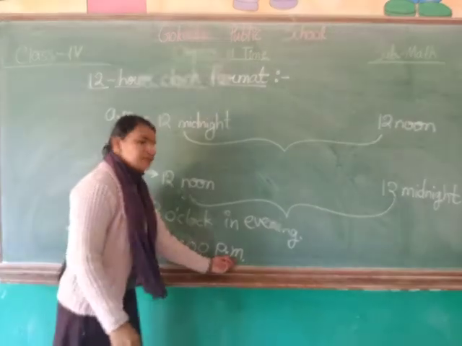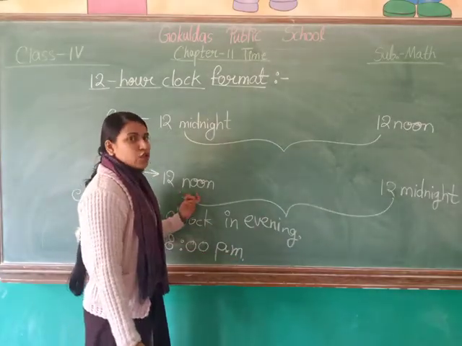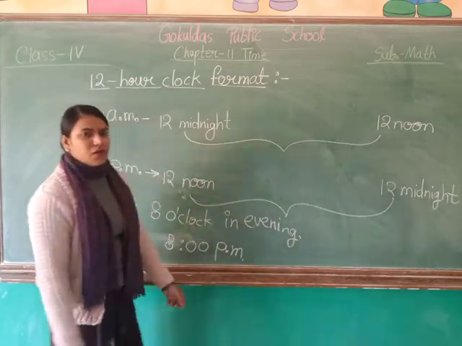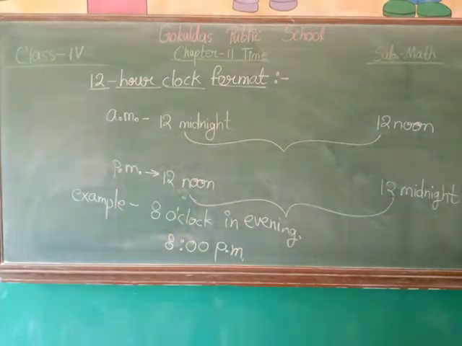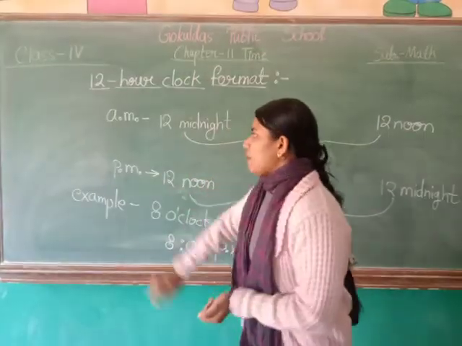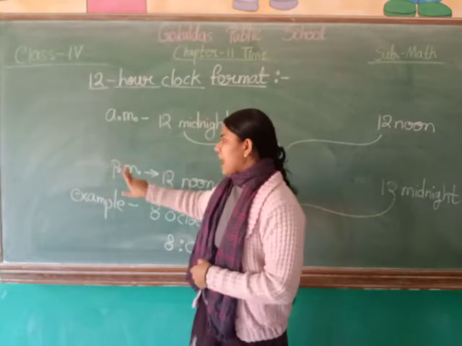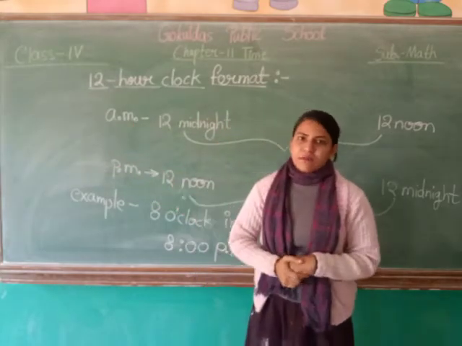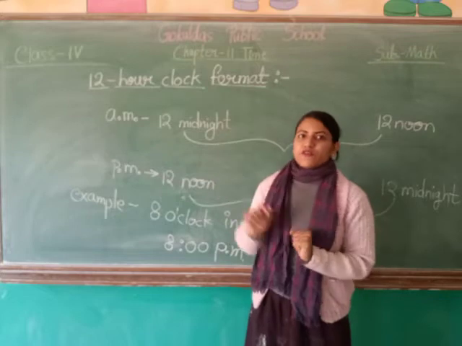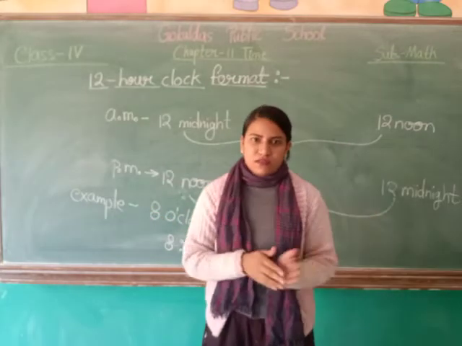Here PM denotes that it is the time after 12 noon. So in the 12-hour clock format we express time using the terms AM and PM, because in the 12-hour format we divide the 24 hours into two time zones.